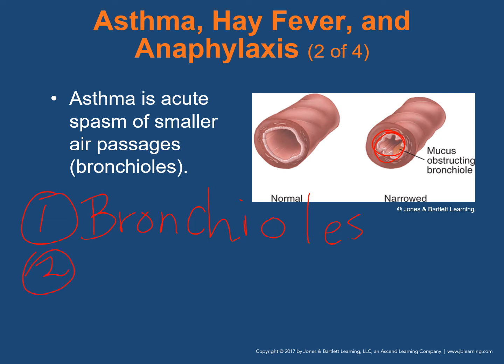Two, we have swelling of the muscle surrounding the bronchiole, so you have inflammation, I'll say. And three is you have this mucus production here. So you'll get all three of these things happening.